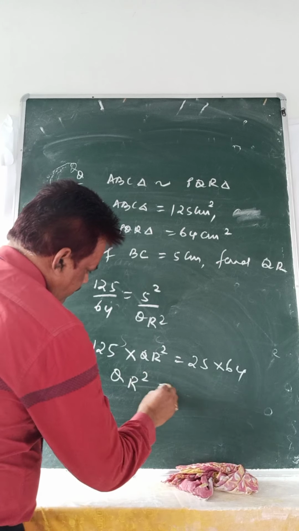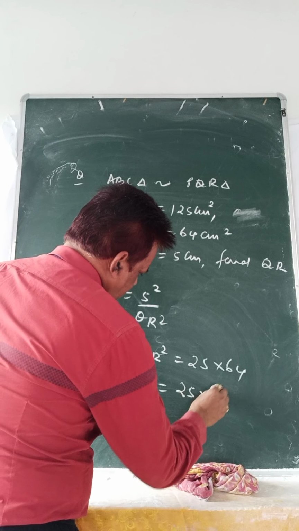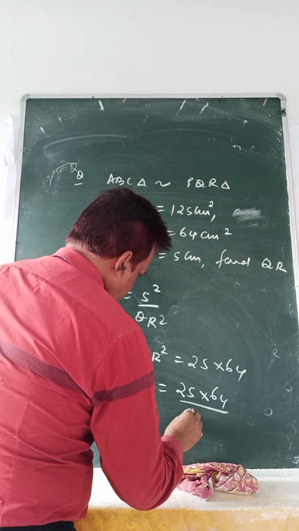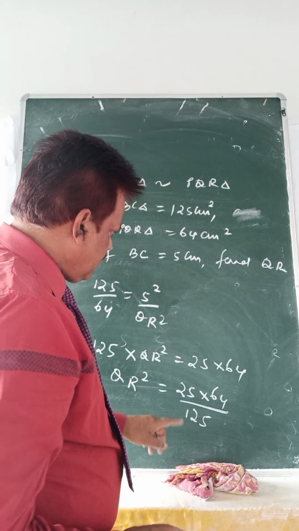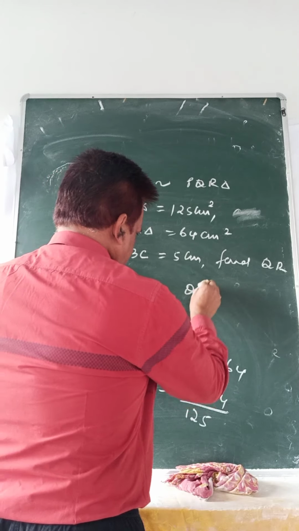QR square equals 25 into 64 by 125. Okay, QR square. What is QR then?